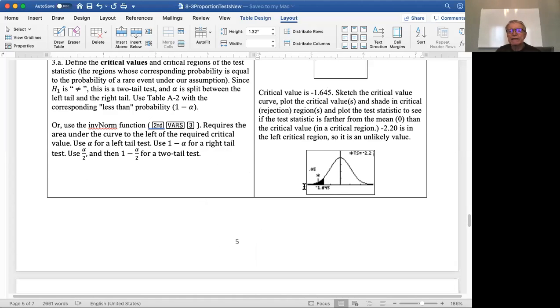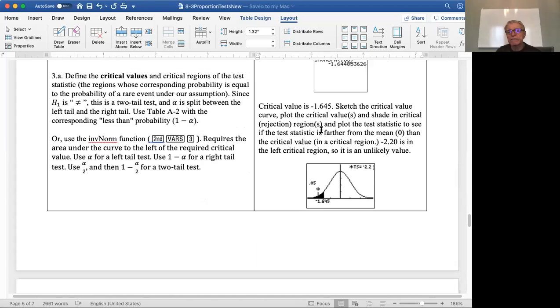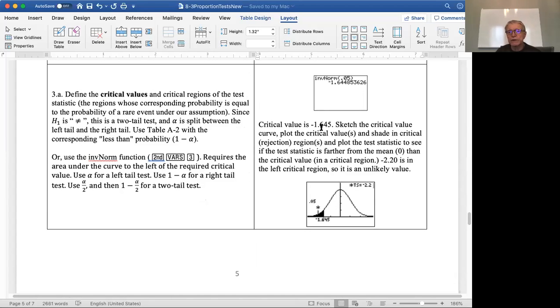And if we were to plot that, once we have a critical value and we know what the test statistic was from step 2, we can plot this horizontal line for z's and then our curve, and we plot the critical value, which is negative 1.645, and then we plot the test statistic as well, which is negative 2.2, and we determine if it is farther from the mean than the critical value on that side. And it is in this case. Negative 2.2 is less than negative 1.645.